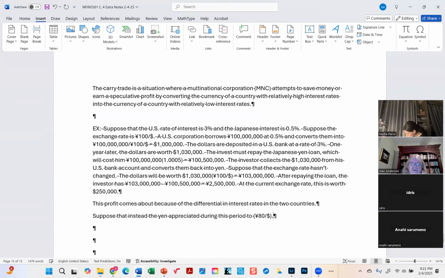Well, the investor's dollar balance of 1,030,000 would be worth, so now we're multiplying by 80. Sorry, we're multiplying by 80.